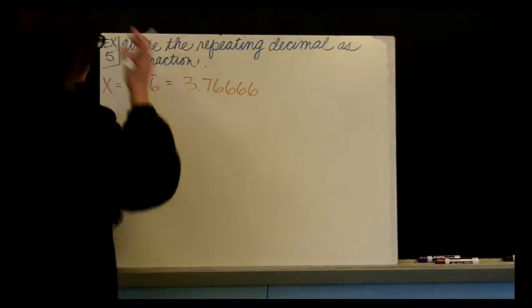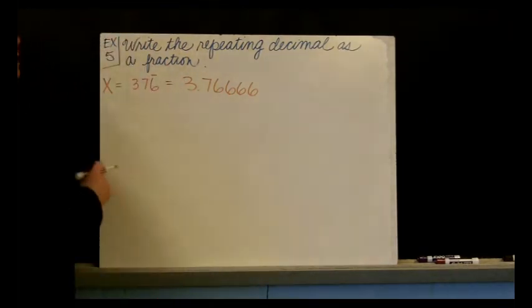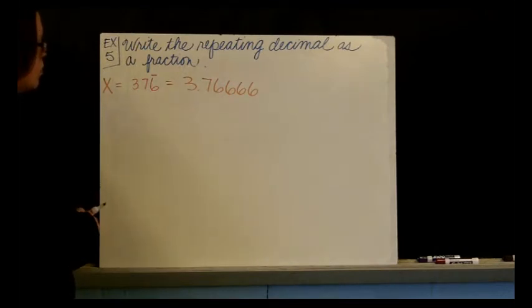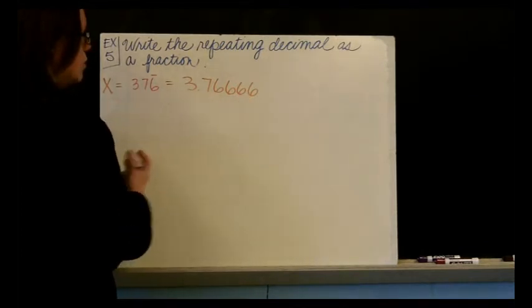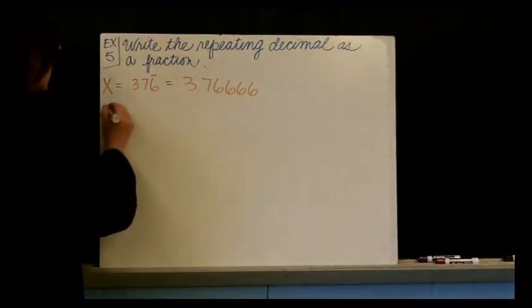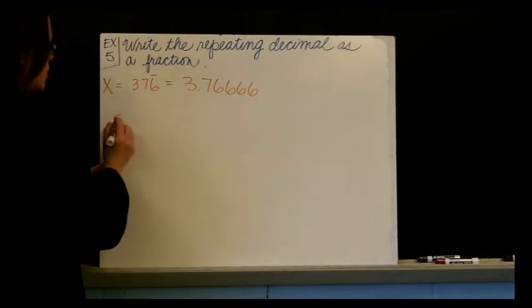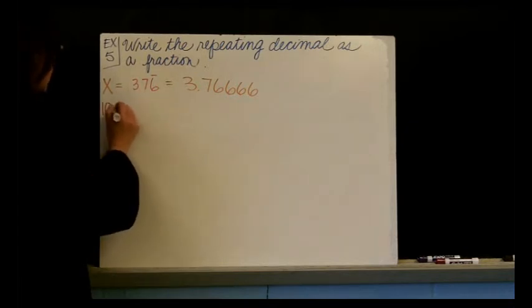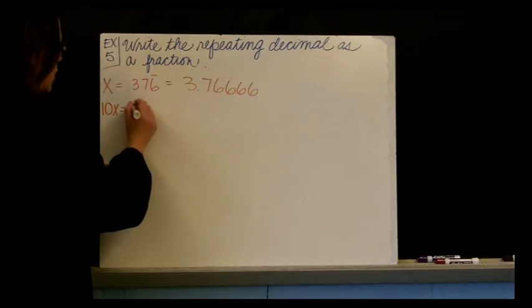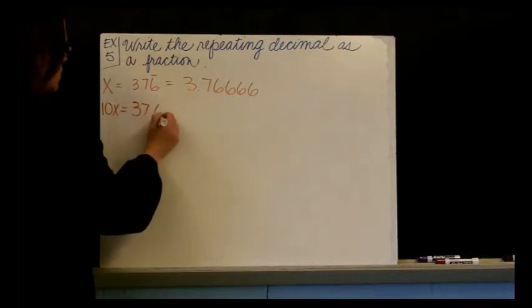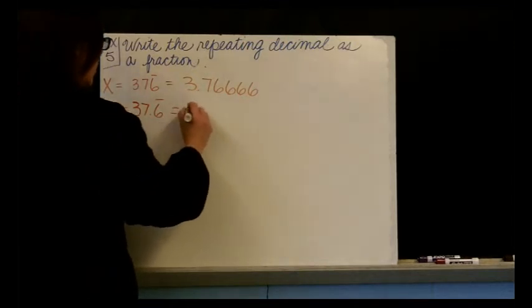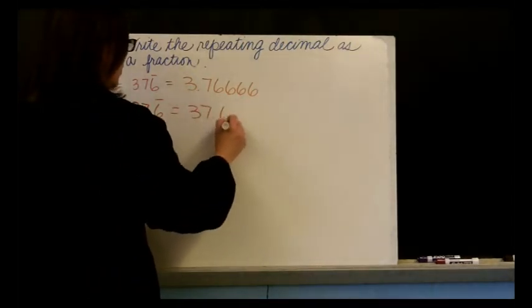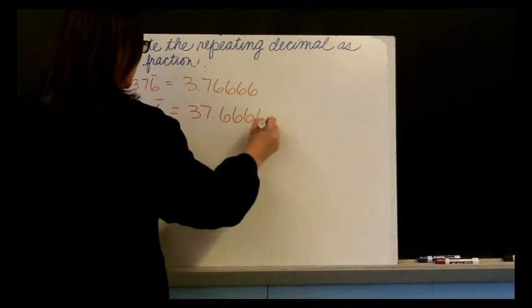And so what we want to do is multiply this until we can get our digits following the decimal the same so that we can subtract them. So if x is 3.76 repeated, 10x would be 37.6 repeated, which would be 37.6666.